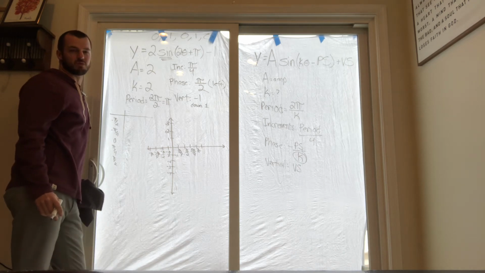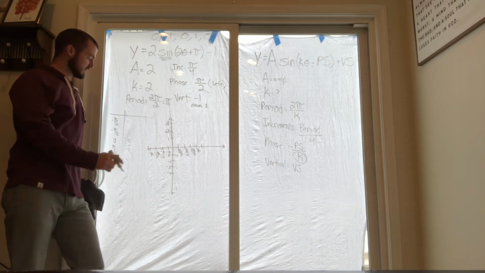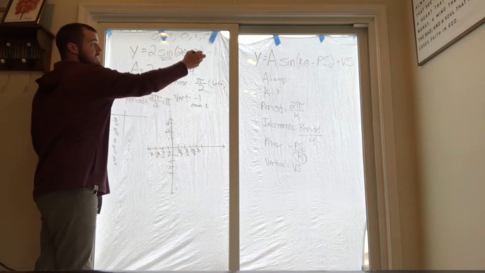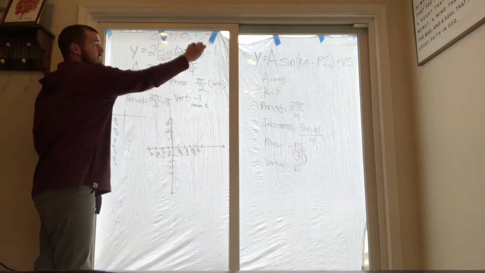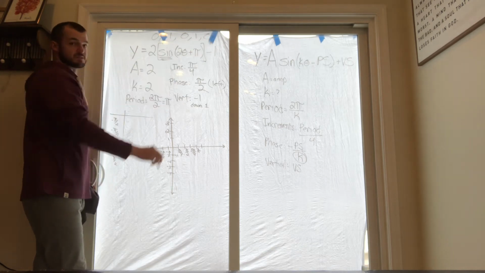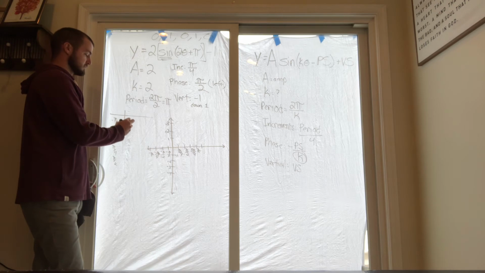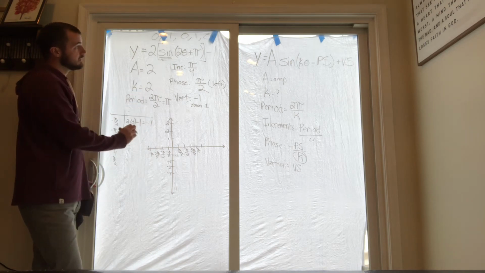Some of you guys are using the wrong ones every once in a while, so just be careful. And then remember, all this in here is getting replaced with these numbers. So it's going to be 2 times 0 minus 1 is negative 1.